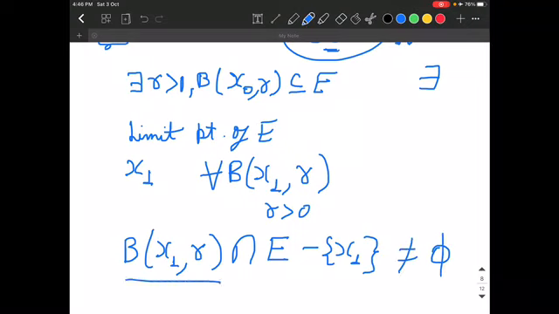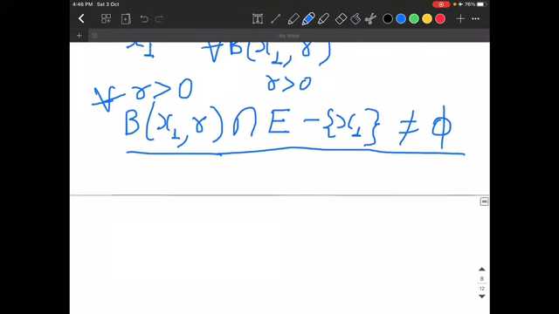So this is an open ball around x1 and it intersects E at some point other than x1, for all r greater than 0. Then this is called a limit point.